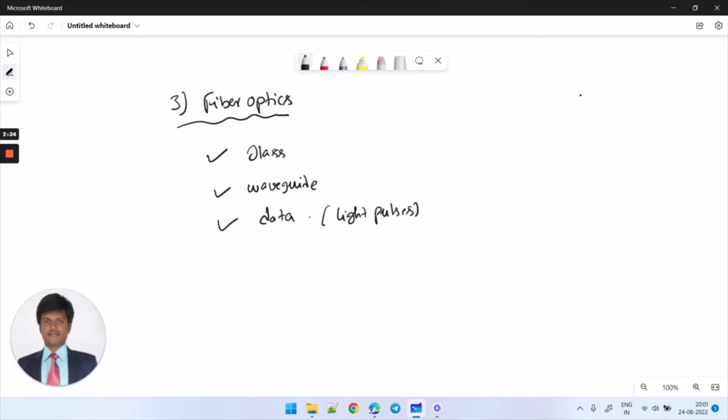In the context of fiber optics, data is transmitted in the form of light pulses along this glass.